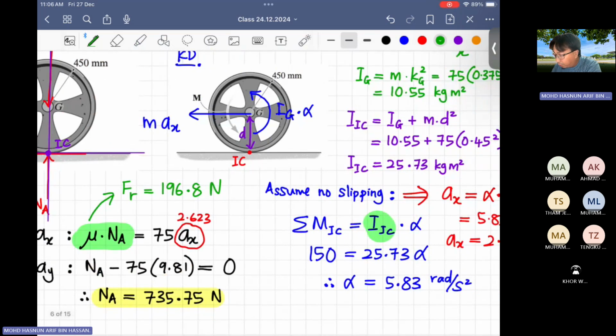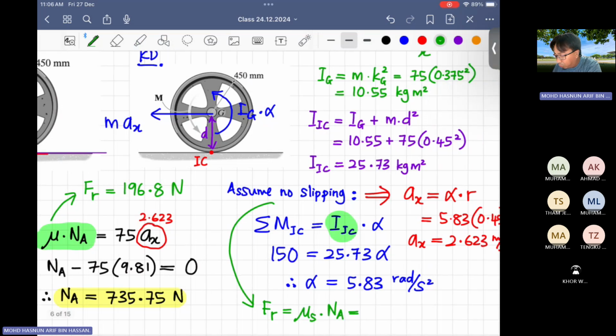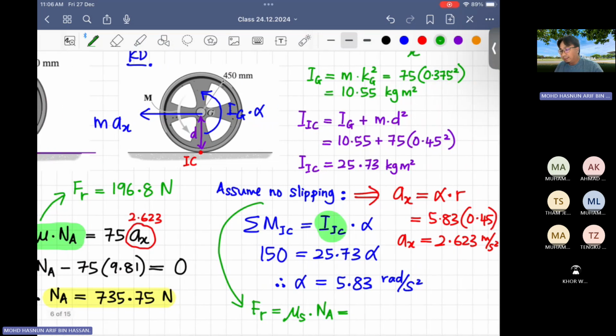So for no slipping to occur, friction must be equal to mu S times Na. So let's check whether mu S times Na is the same as what we have calculated, which is 196.8.